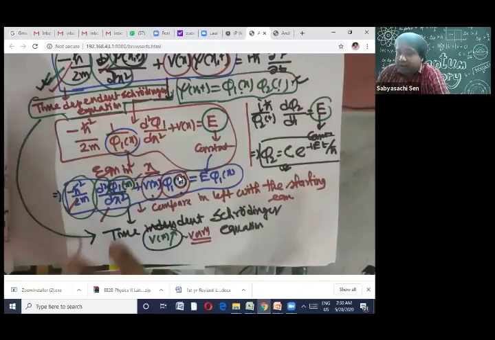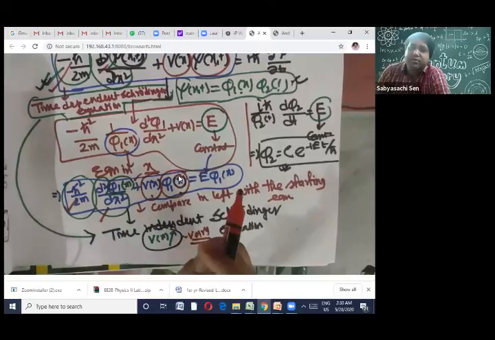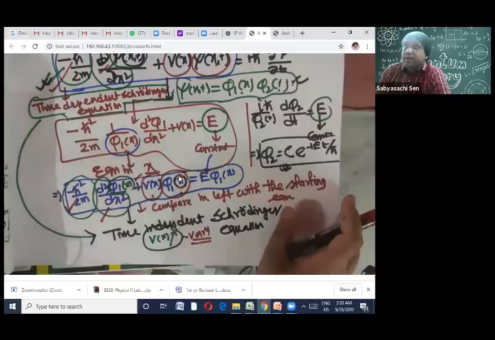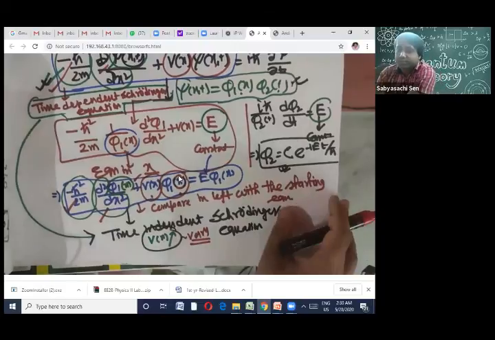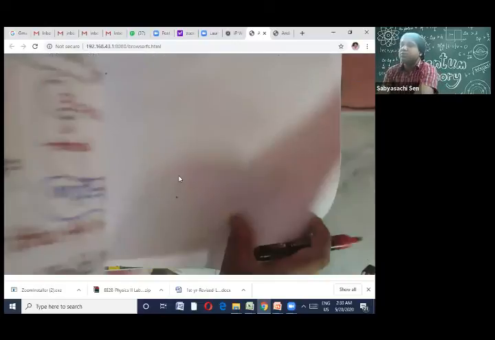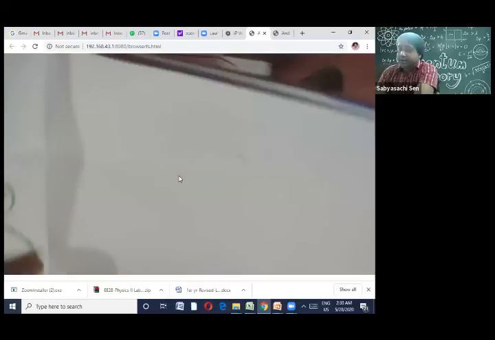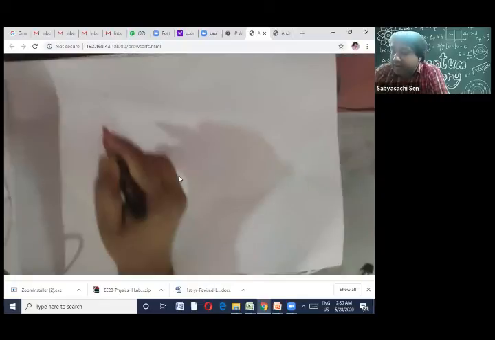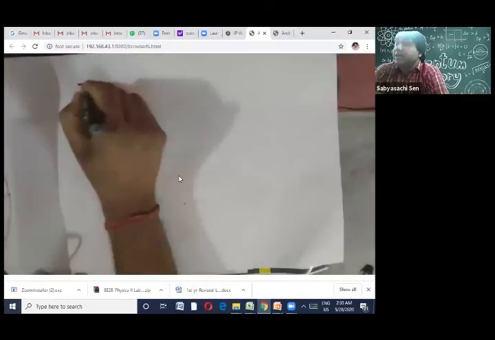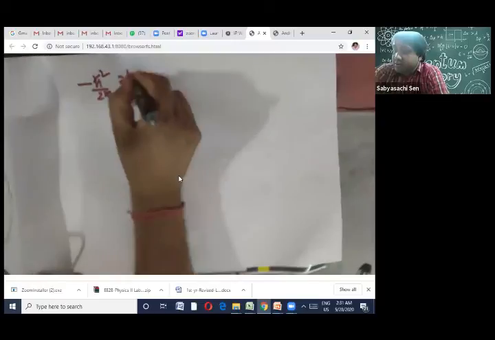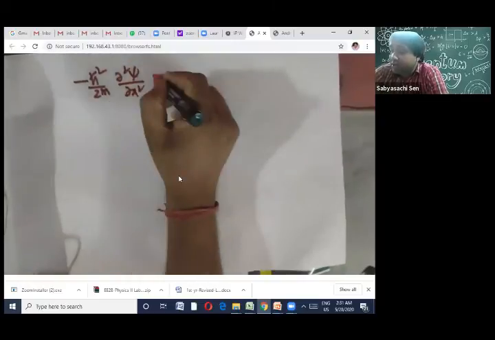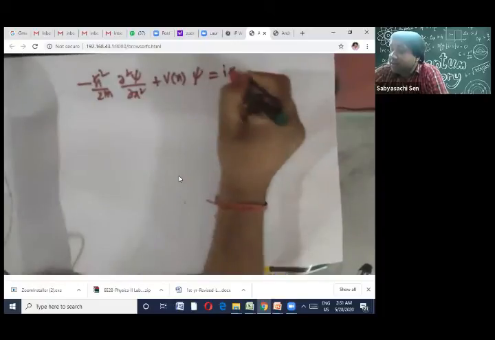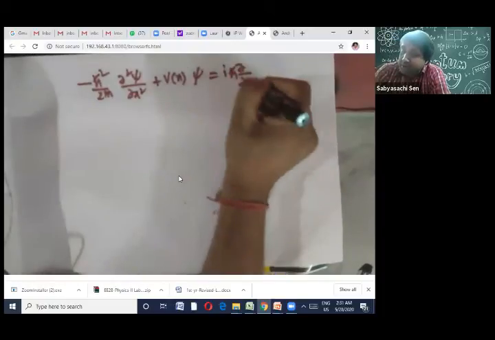But before that, one open question is: okay, fine, I'm solving the Schrodinger equation. At the end of the day, you're solving a differential equation. But after solving, what do you have to do? This is the original equation, the initial equation, which was depending on both space and time.